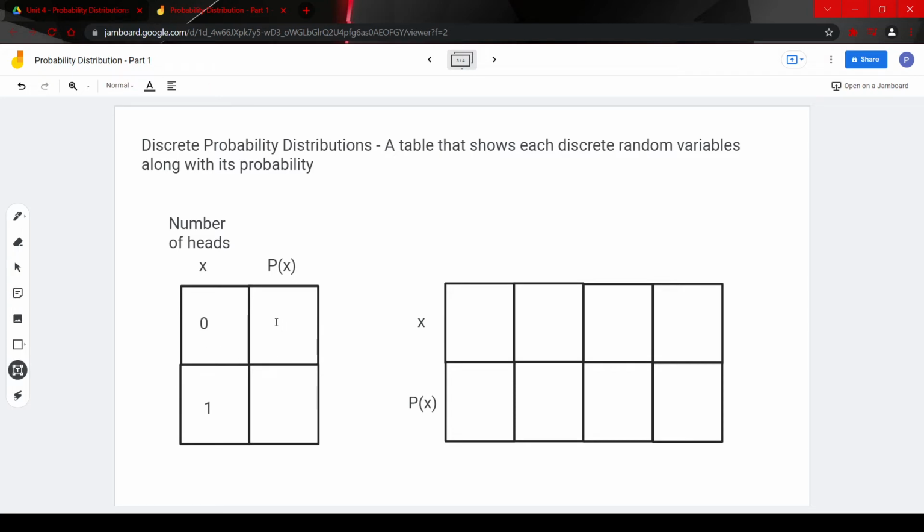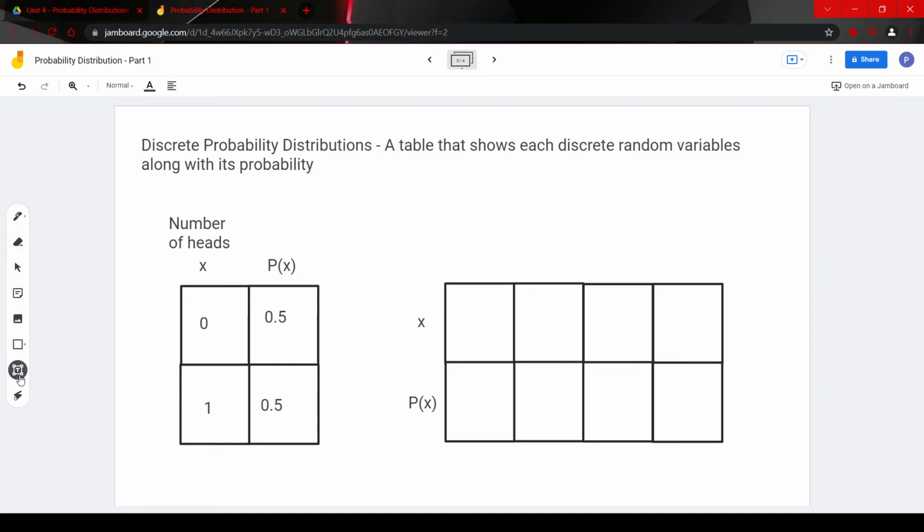And the probability of each is 0.5. So this should be pretty intuitive. The probability of getting 0 heads is 0.5. The probability of getting 1 head is also 0.5. So this is a vertical way to display a discrete probability distribution. Sometimes in your homework especially, they would display it in a horizontal way with the random variables on top and the probabilities on the bottom.